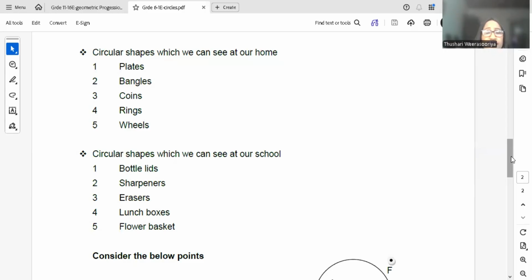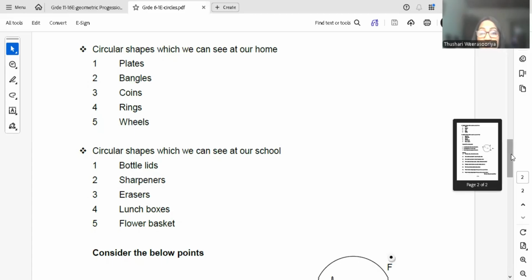At school also we can see circular shapes: bottles, sharpeners, circular shaped erasers, lunch boxes, what else? Flower baskets. Likewise, we can see a lot of circular shapes at our school also.